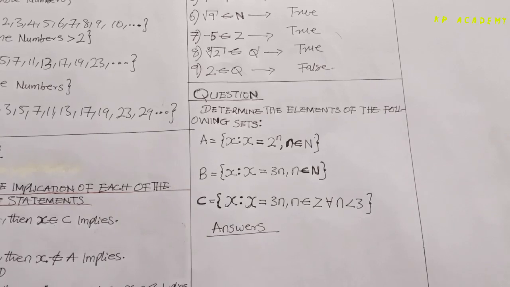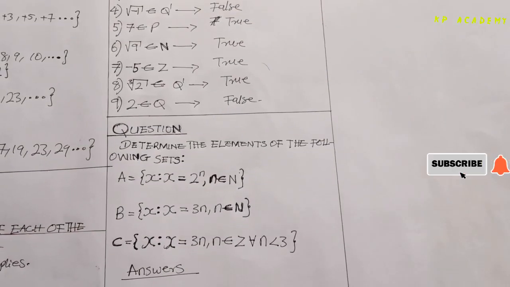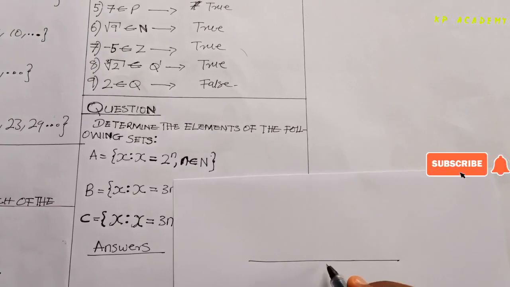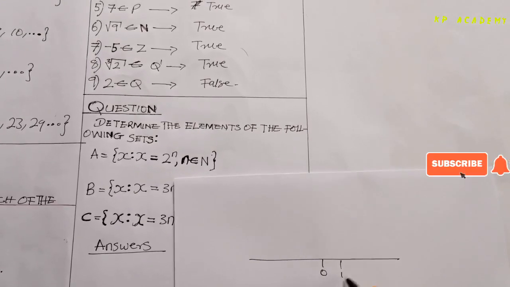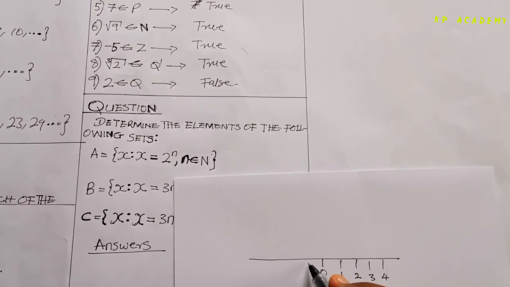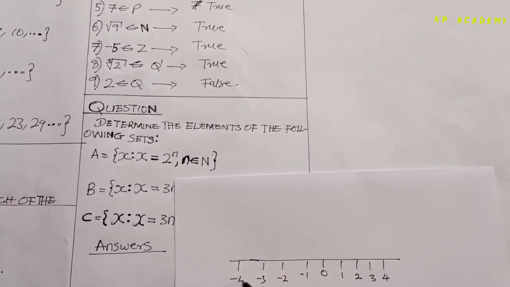So I'm going to start from 1, 2. All right, numbers on the number line ranging from 1. Just like if this is a number line, for instance, and here is 0, here is 1, here is 2, here is 3, here is 4, and here is minus 1, here is minus 2, here is minus 3, here is minus 4.